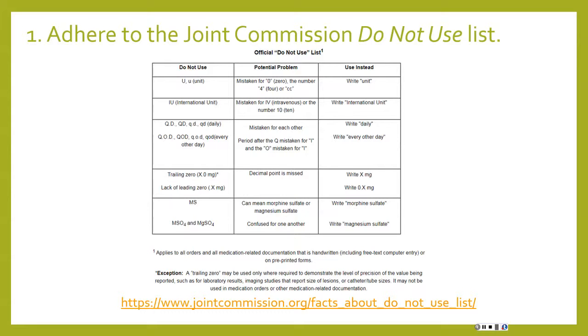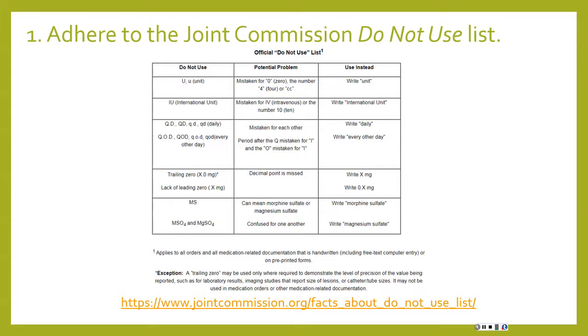We no longer can just write that a client is going to have 5U, representing units. We need to write out the word unit. Another thing we used to see when providers would order medications was they would write QD for daily, and sometimes that can be mistaken, so now we're just writing daily or every other day.